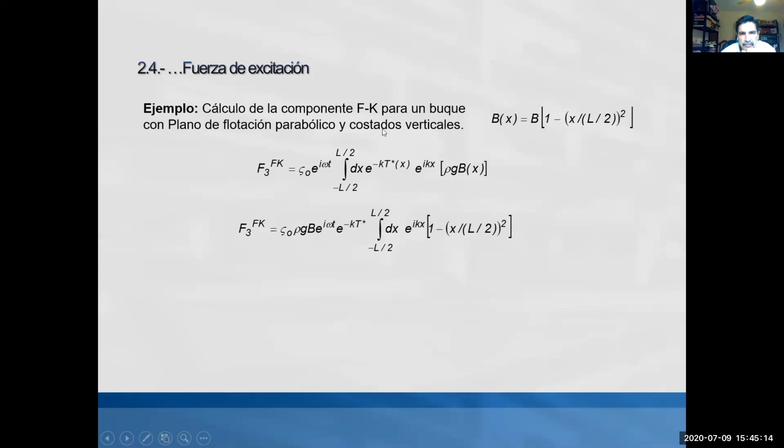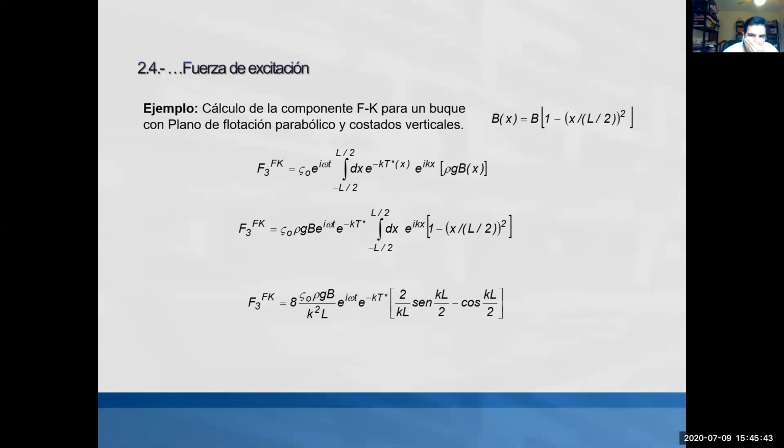Since the sides are vertical, the draft of the ship is constant. We put all of this in here, except for the B, which is constant, and we put it up here. We have to integrate this, and you can look it up in an integral table. That's what I did. This is what I obtained.